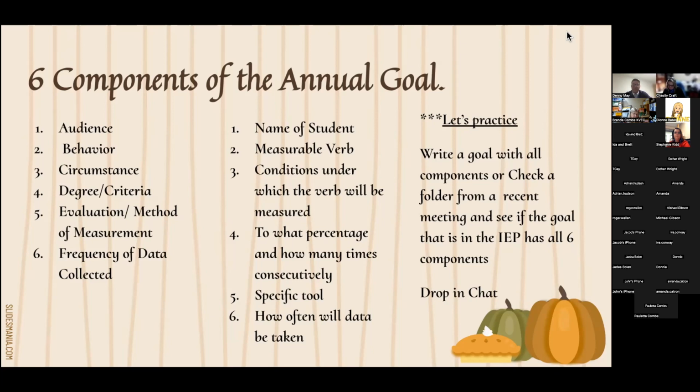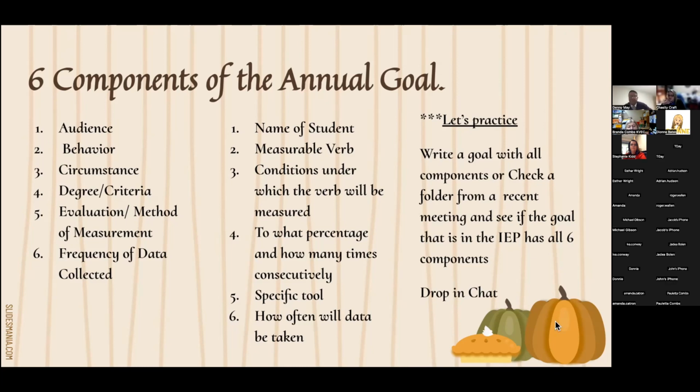The method of measurement that you used to set baseline in your probing is the same that you use in your annual goal. When we compare the two, we really want to see a skill and a percentage for a baseline, and then go over to the IEP goals section and find that skill and a higher percentage that we're shooting for.